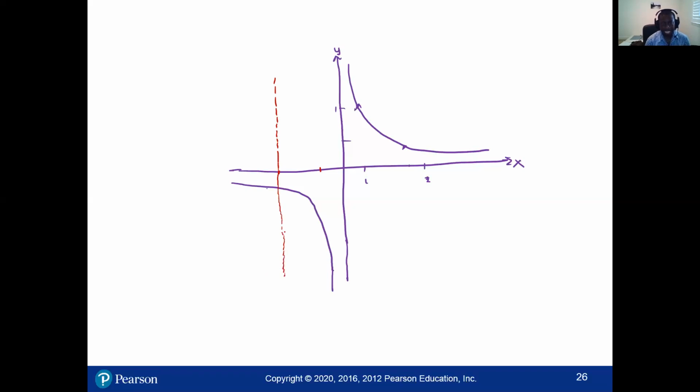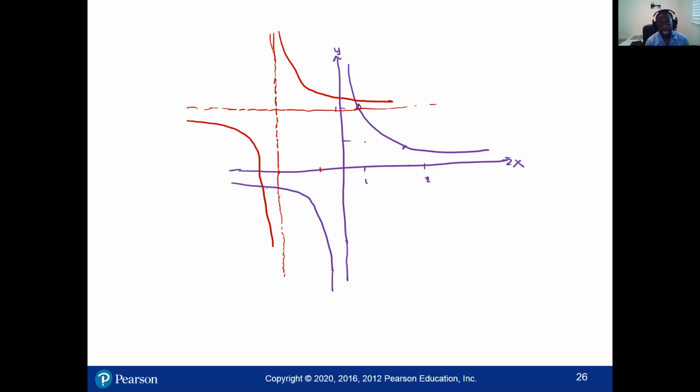And then it goes upward 1 unit. So that's your X axis now. Everything now becomes this, goes this way.